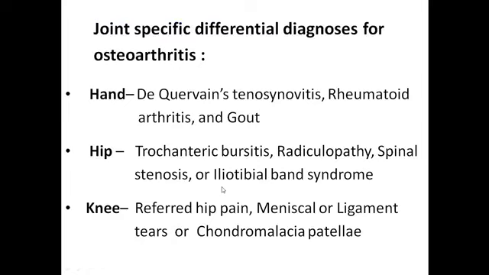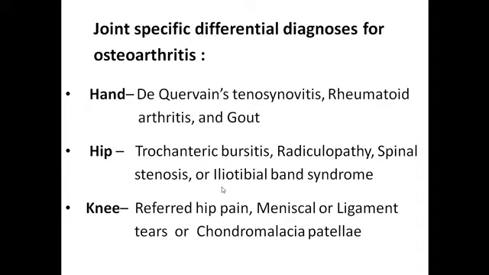On the other hand, joint-specific differential diagnosis for osteoarthritis: in the case of the hand, De Quervain tenosynovitis or Dupuytren's disease, rheumatoid arthritis, gouty arthritis.